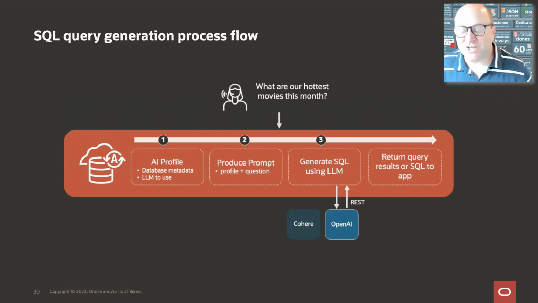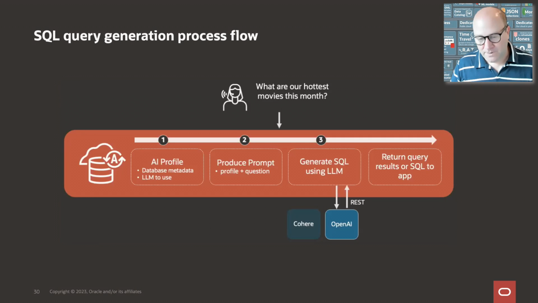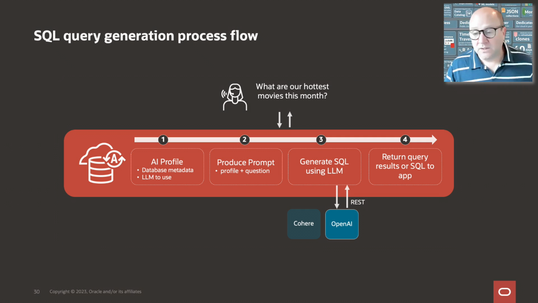So we're not tied to a single model per se, right? But that model is responsible then for generating the SQL. And what we do with that is, well, we either return the SQL if you're using show SQL, or we'll execute it, right, and return the result. So that's how this process works.